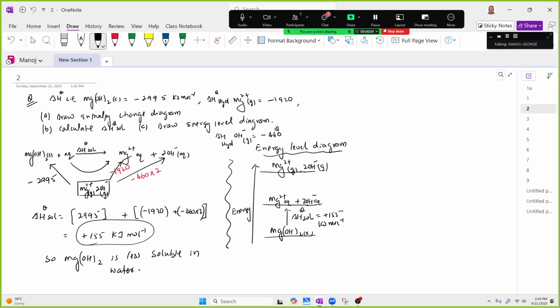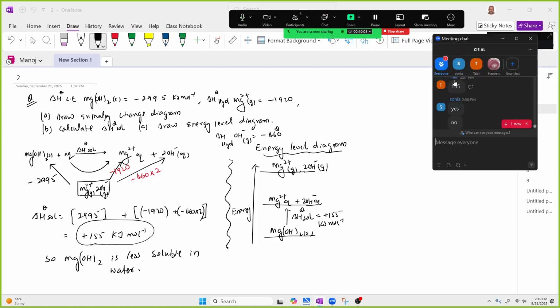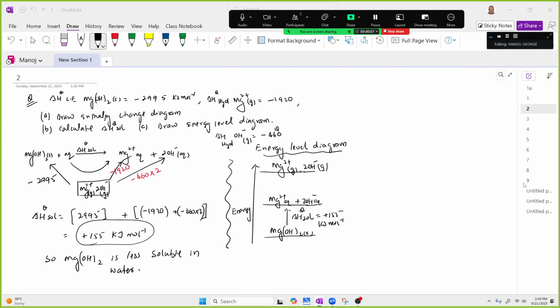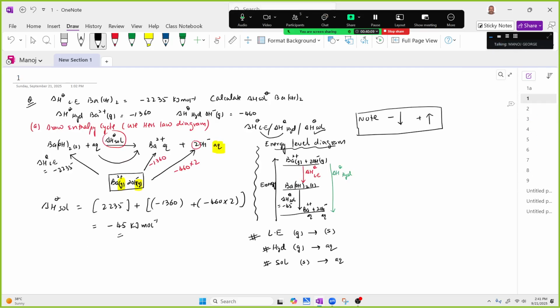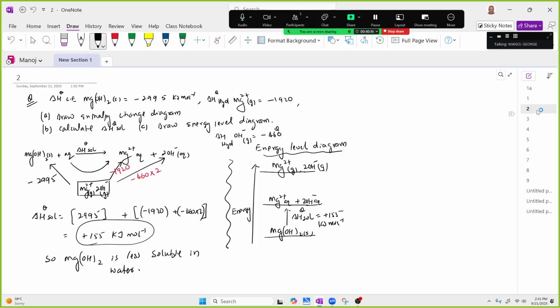But then where is the hydration? Where's the arrow for hydration? You must refer to what I gave here. Hydration has to be gas to aqueous. So where should I make hydration? Remember, hydration is from gas to aqueous.